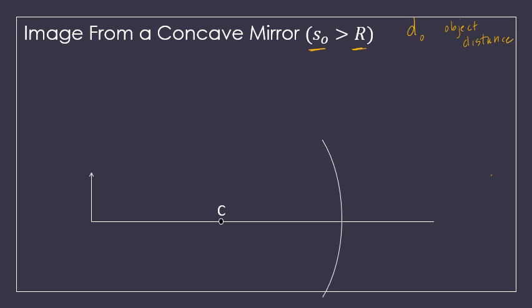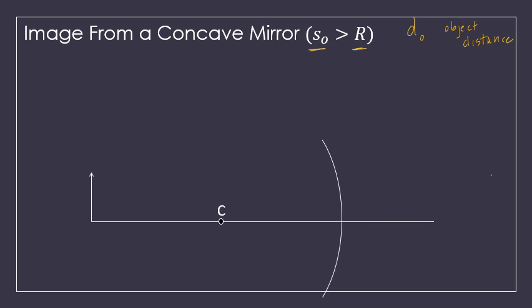So in this case, I've got radius of curvature. Remember, the radius of curvature is the distance between the point where the principal axis touches the mirror and the center of curvature. This object is out very far from there.